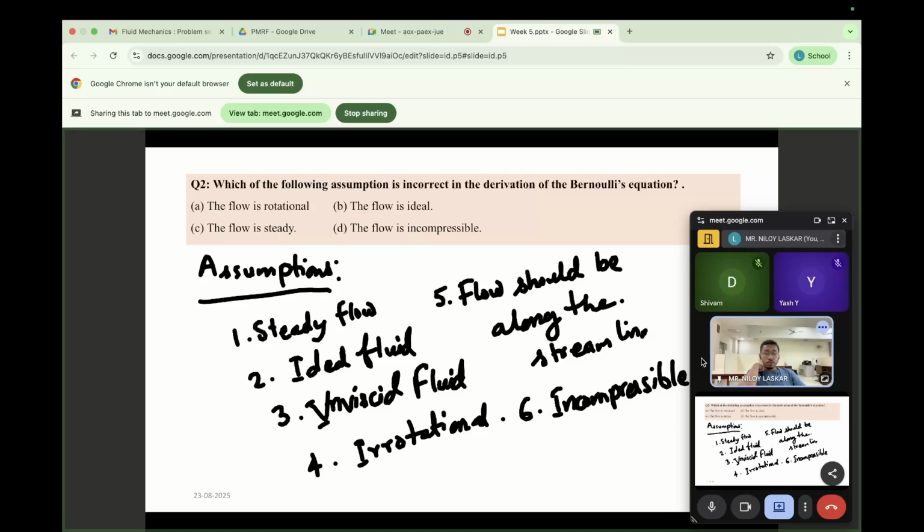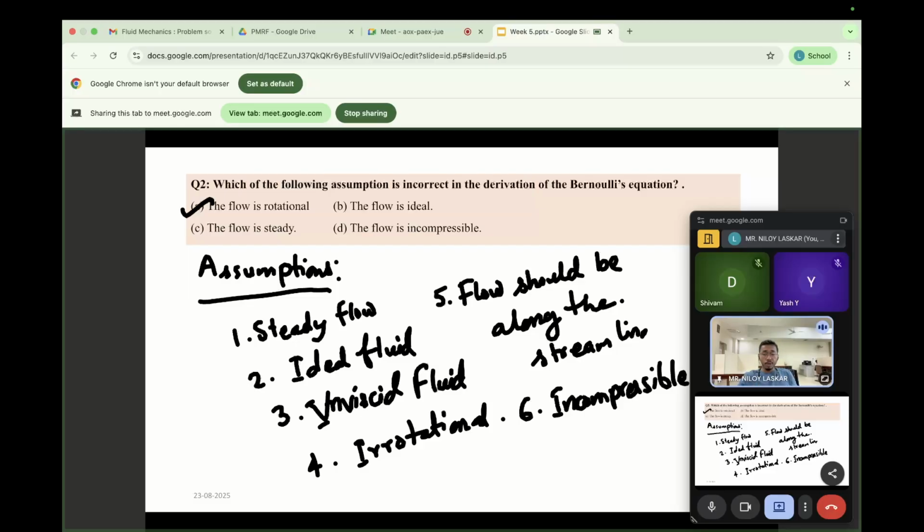So see, in the first option, from this it is clear that the first option is not correct. So this is the answer, because this assumption is not correct for the Bernoulli equation. If someone is saying the flow is rotational, that doesn't imply that this concept holds good, right?